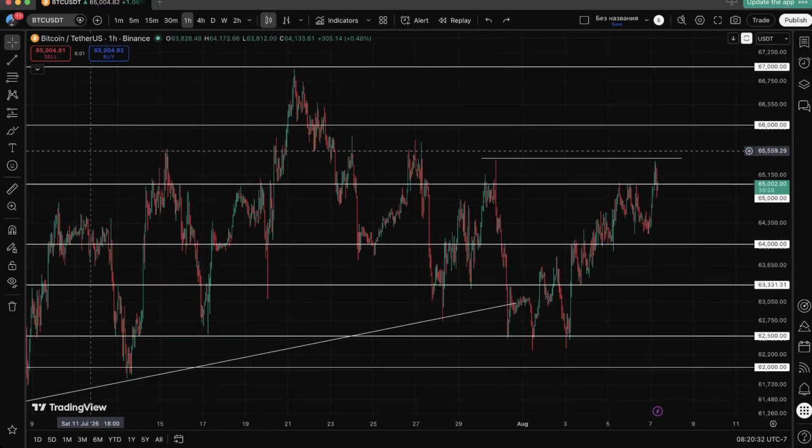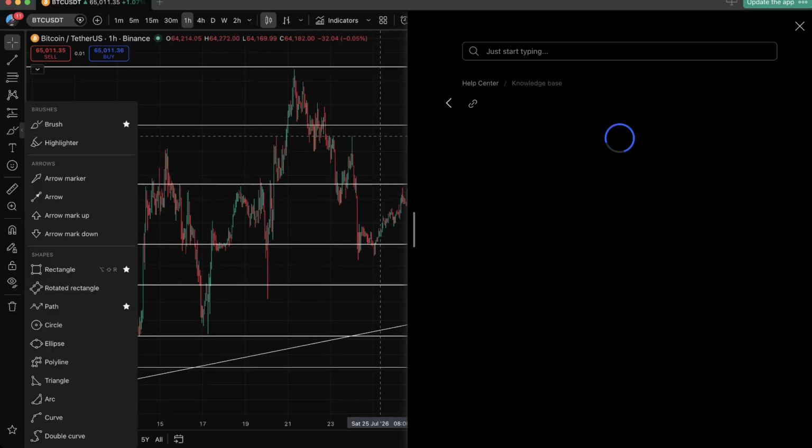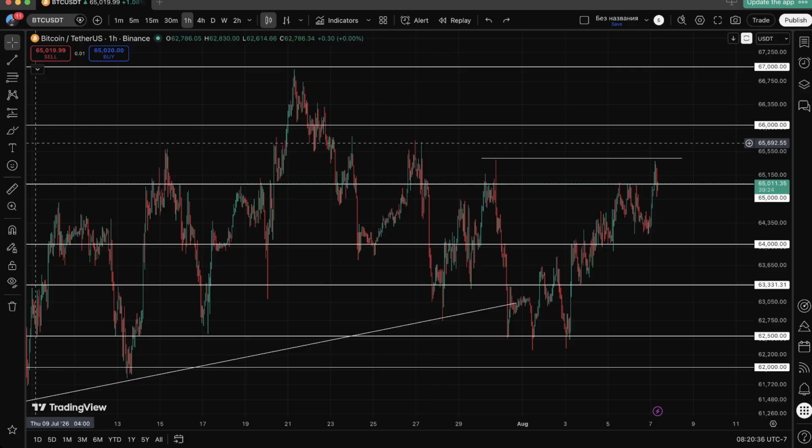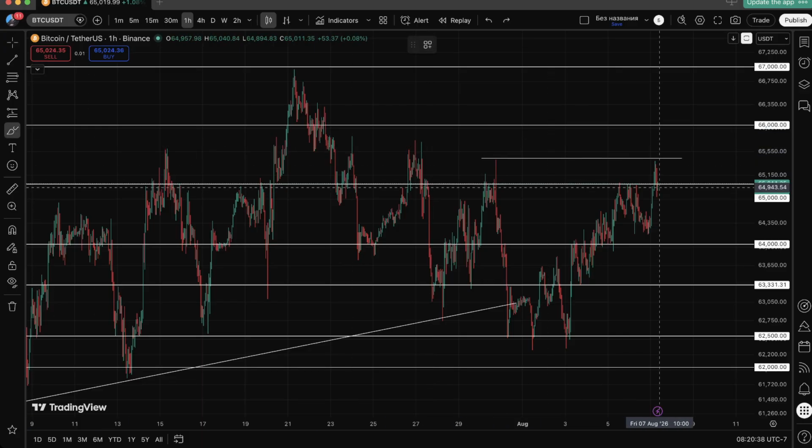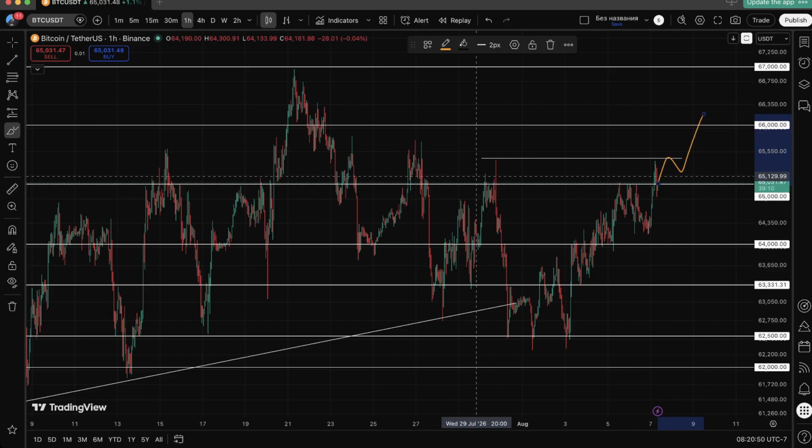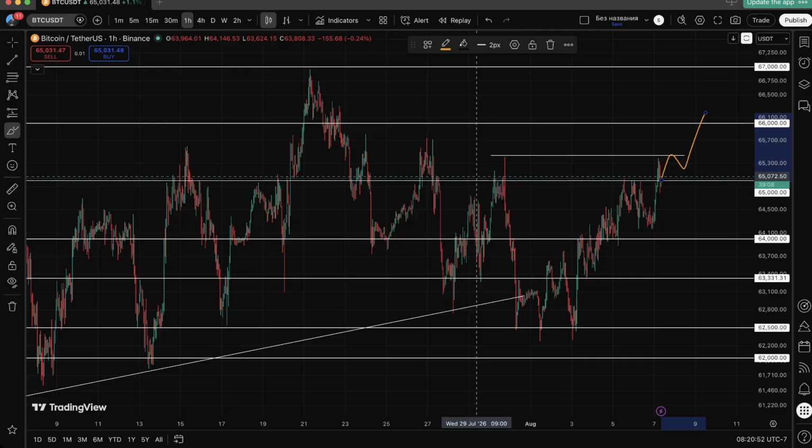But if Bitcoin breaks above this price, and Bitcoin previously got close to this horizontal resistance level, the probability of breaking above it increases. And if Bitcoin breaks above, we may see that Bitcoin may start trading in an upward trend again.